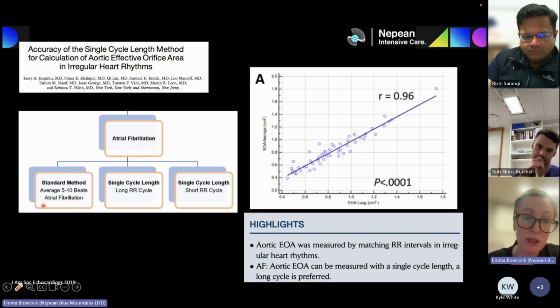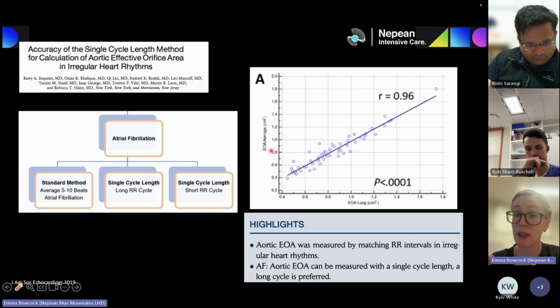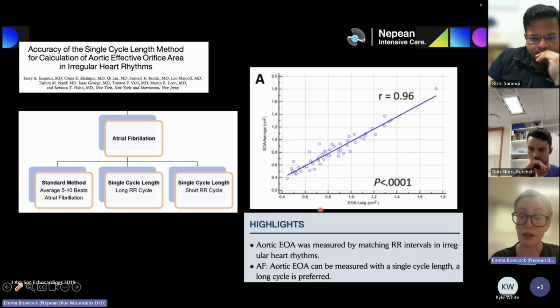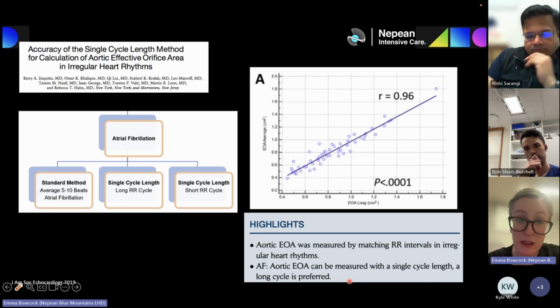If we use the standard method, which is averaging 5 to 10 beats, and use these values to calculate our aortic valve area in centimeters squared, and we do the same thing but just use 1 cycle, matching up the RR intervals, which I'll show you on the next slide, choosing the longer one, the correlation is 0.96. It actually correlates reasonably well. And they've said that aortic valve area can be measured with a single cycle length and a long cycle is preferred. So I must admit, this is what I've started doing, and chatting to cardiologists here in our lab.